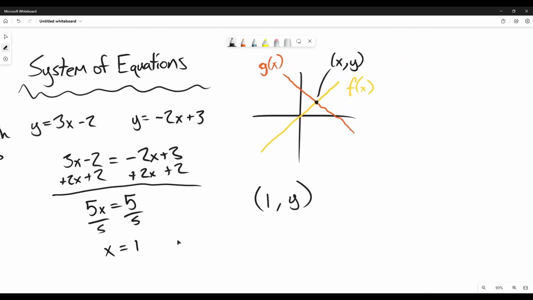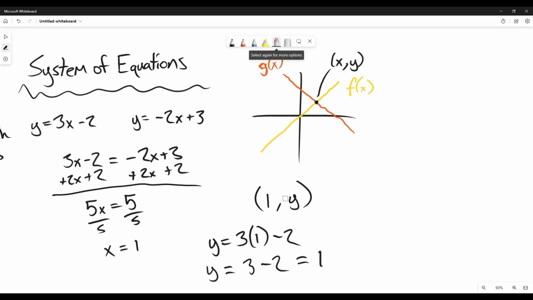So y equals 3 times 1 minus 2. 3 times 1 is 3, minus 2, which is equal to 1, which means the point where these two functions intersect is (1, 1). So on this graph, they intersect at (1, 1).